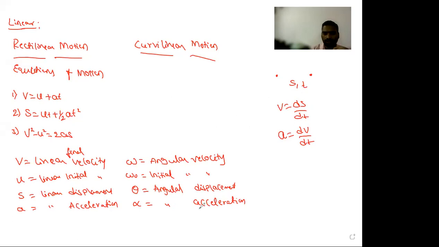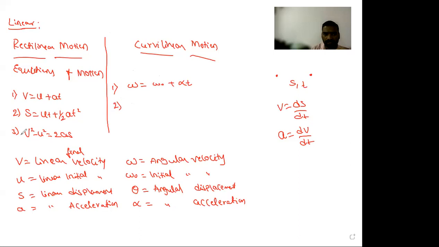Here you have written the equations of motion for rectilinear motion. Now the equations of motion for curvilinear or angular motion. The first equation: omega is equal to omega naught plus alpha into t.